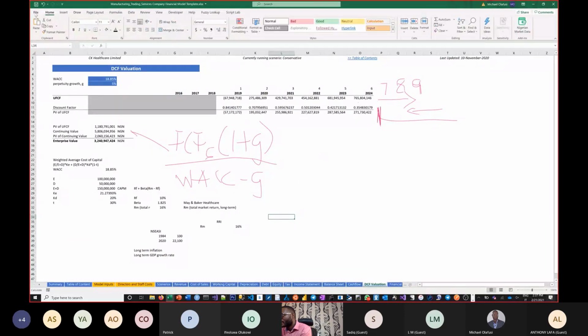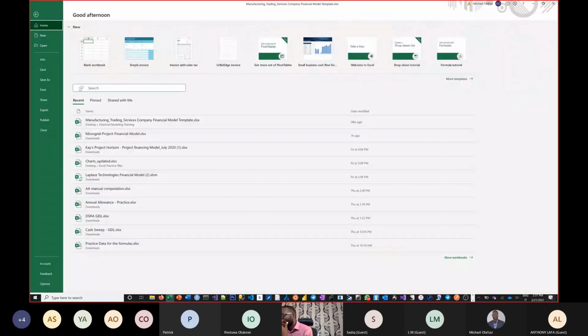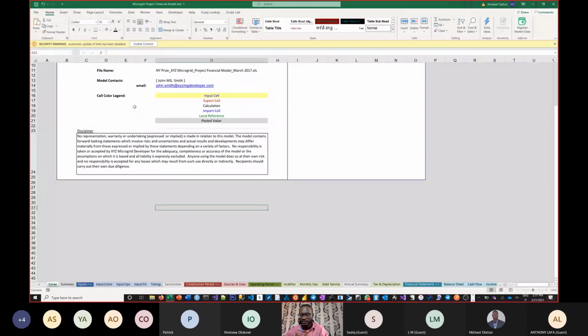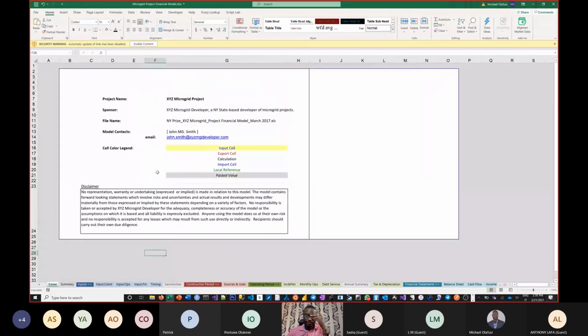But because of confidentiality, I cannot show you real client work. I have a couple of project finance models that are built for a real client, but I cannot show you. I cannot even attempt to flash it on the screen.